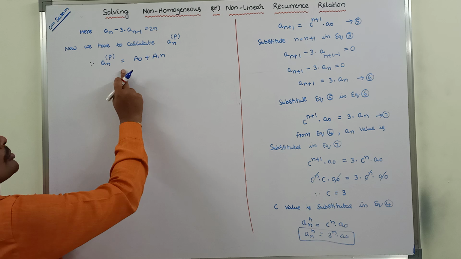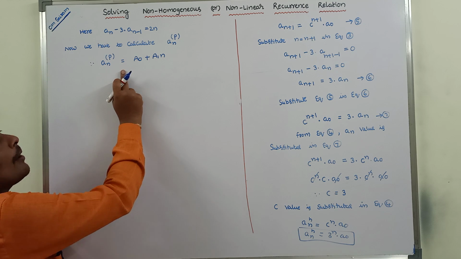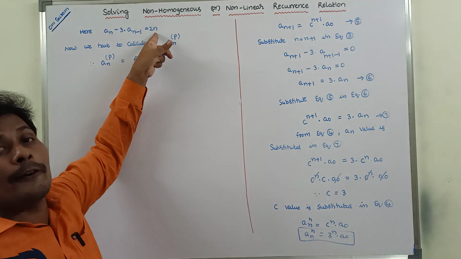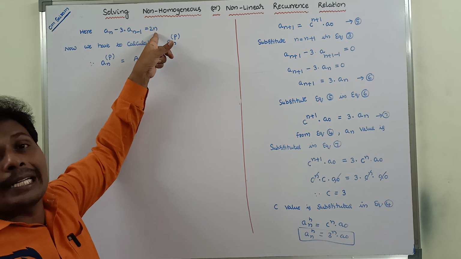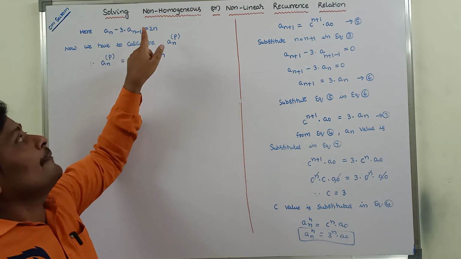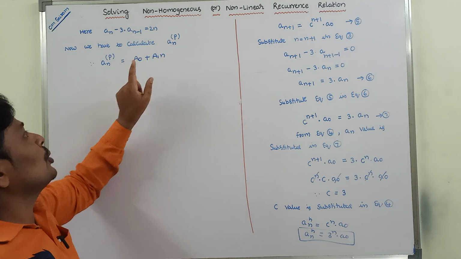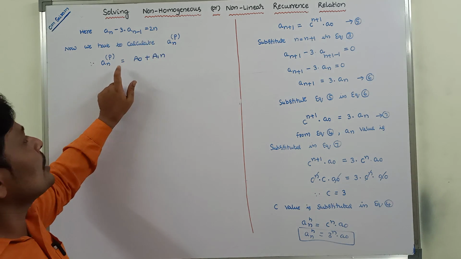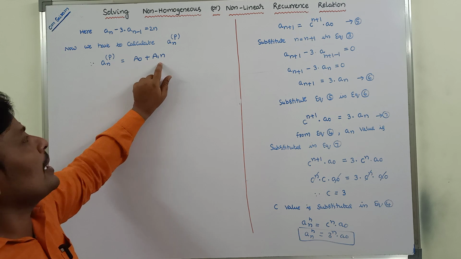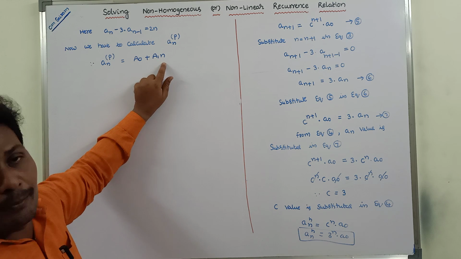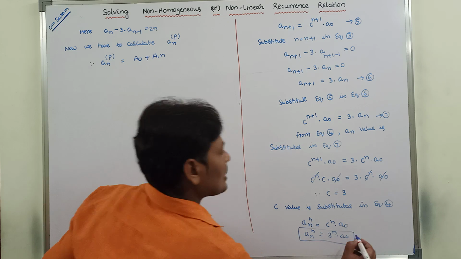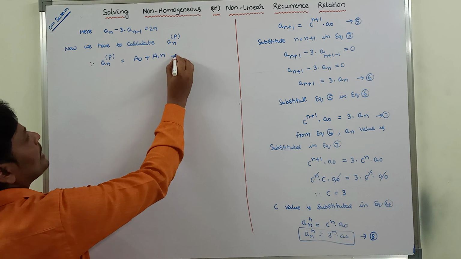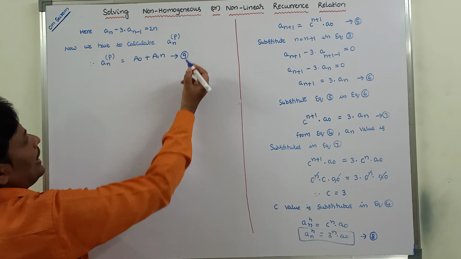Okay, this is the particular solution of the above recurrence relation. The right hand side part contains 2n. If it is only 2, we have to write a naught. If it is 2n, the solution can be written as a naught plus a1 into n. Okay, so this is equation 8. Then this is equation 9.